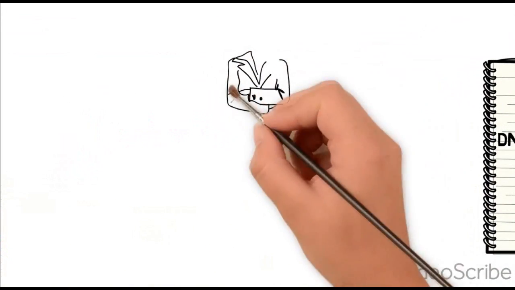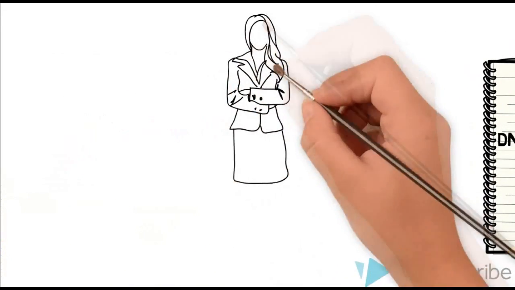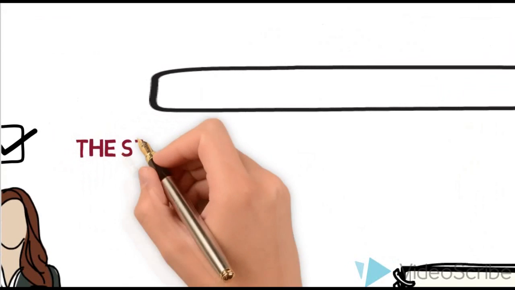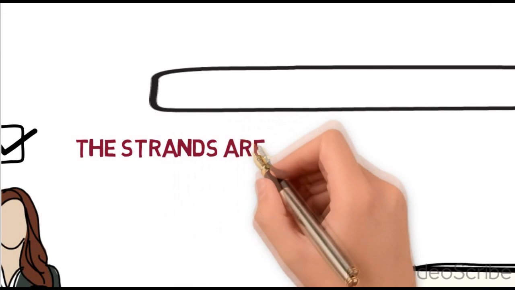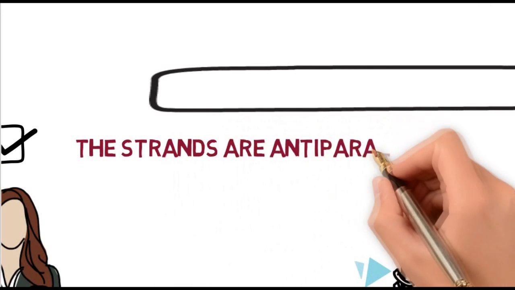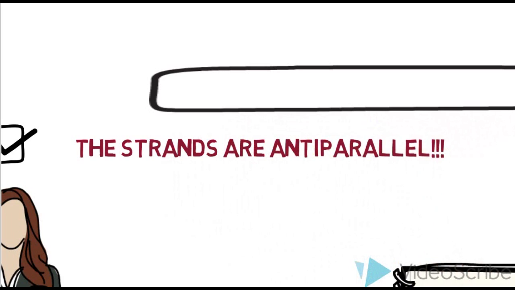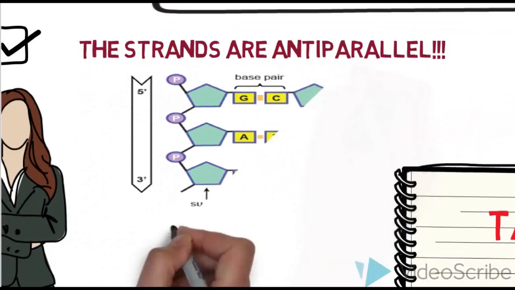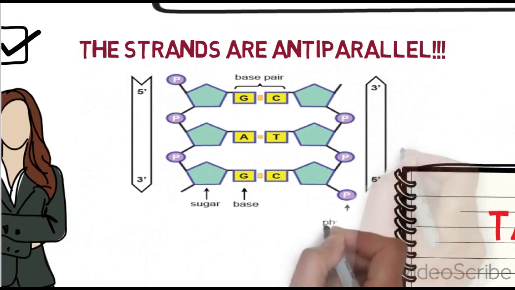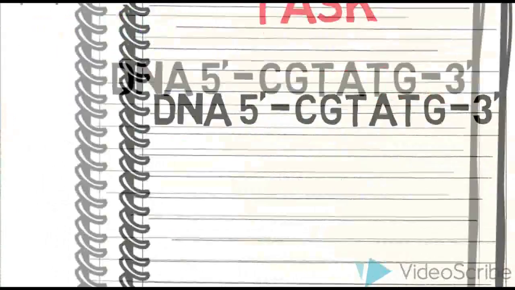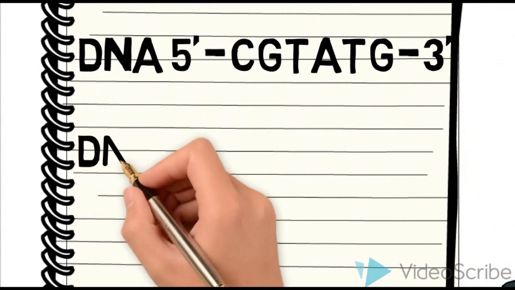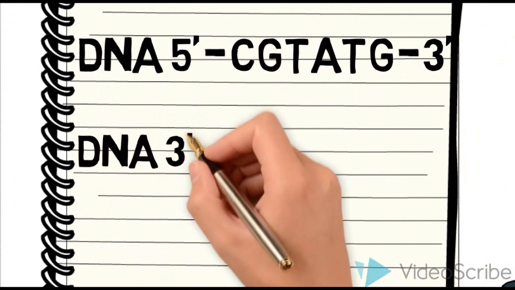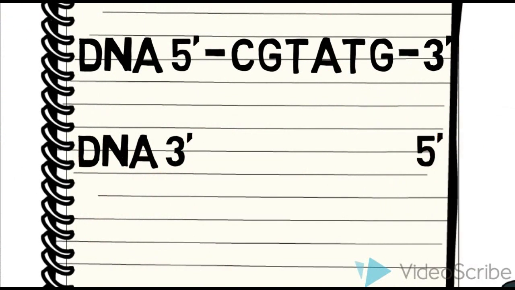Let's remember our previous lesson. If you remember, the strands are antiparallel. Here you see a diagram of how the strands are located opposite each other. So the next DNA strand will be antiparallel, going from the 3' direction to 5'.